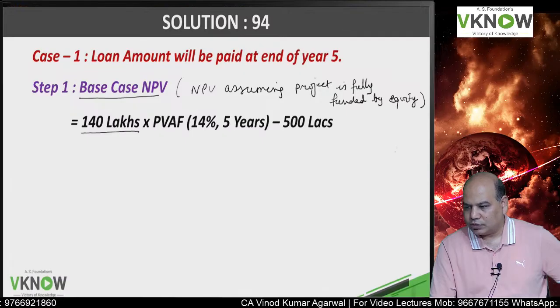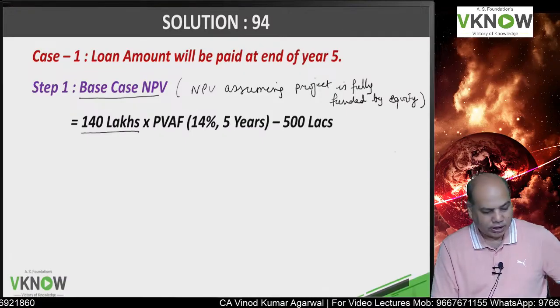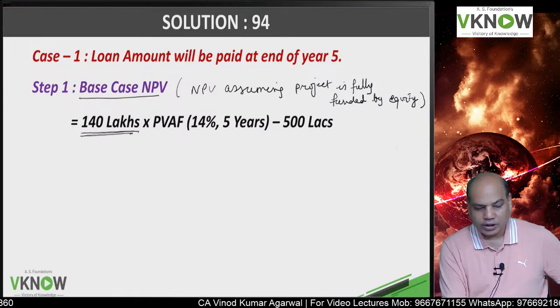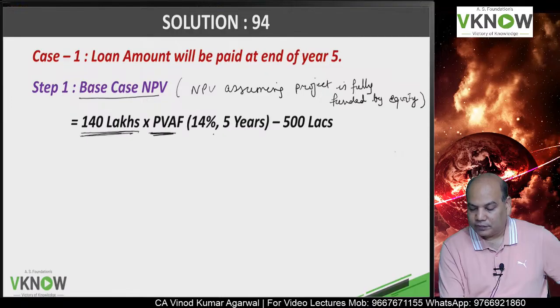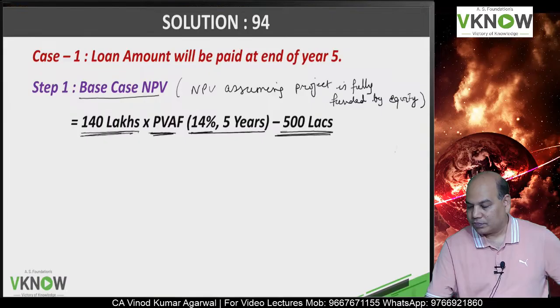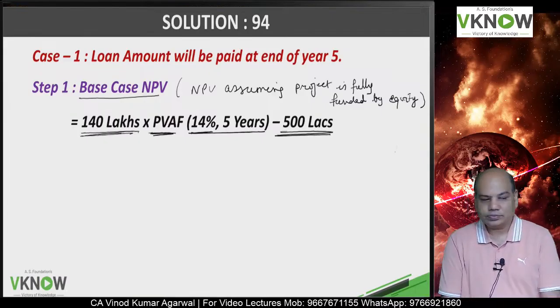So you will write 140 lakh, the operating cash flow after tax, into the PV annuity factor for 14% and 5 years, minus the project cost.